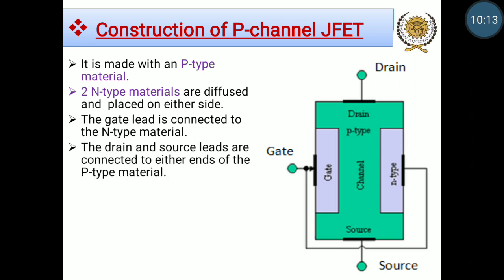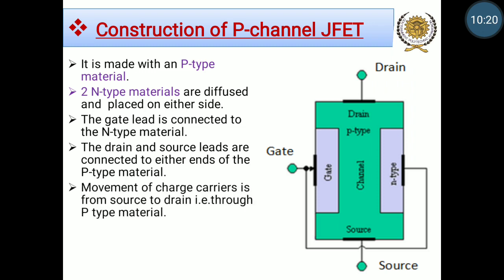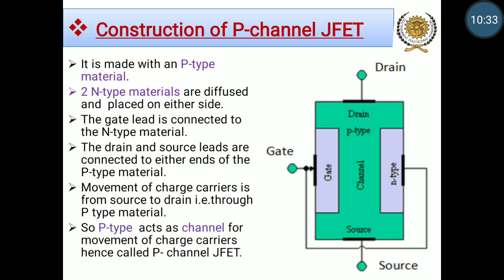The drain and source leads are connected to either end of the P-type material. Movement of charge carriers from source to drain is carried out through the P-type material when external voltage is applied between drain and source. So P-type acts as the channel for movement of charge carriers. Because of this, this type of JFET is called P-channel JFET.